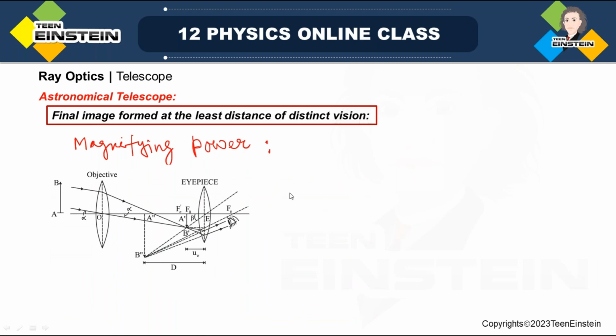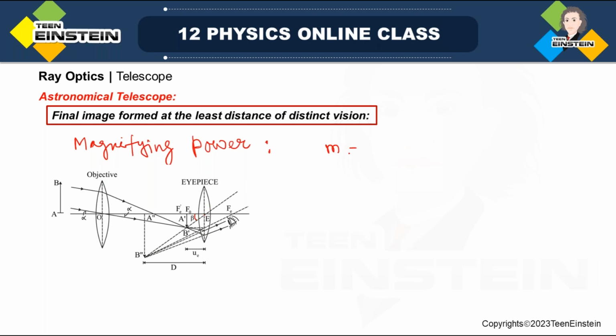You look here. So magnifying power is defined as the angle subtended by the final image at the eye, right, when the image is formed at the least distance of distant vision. So this particular angle is beta.